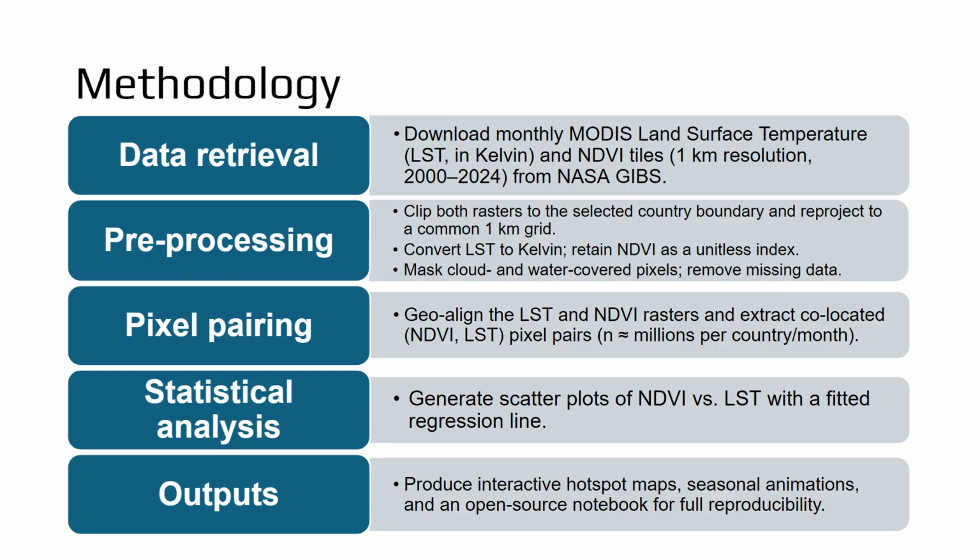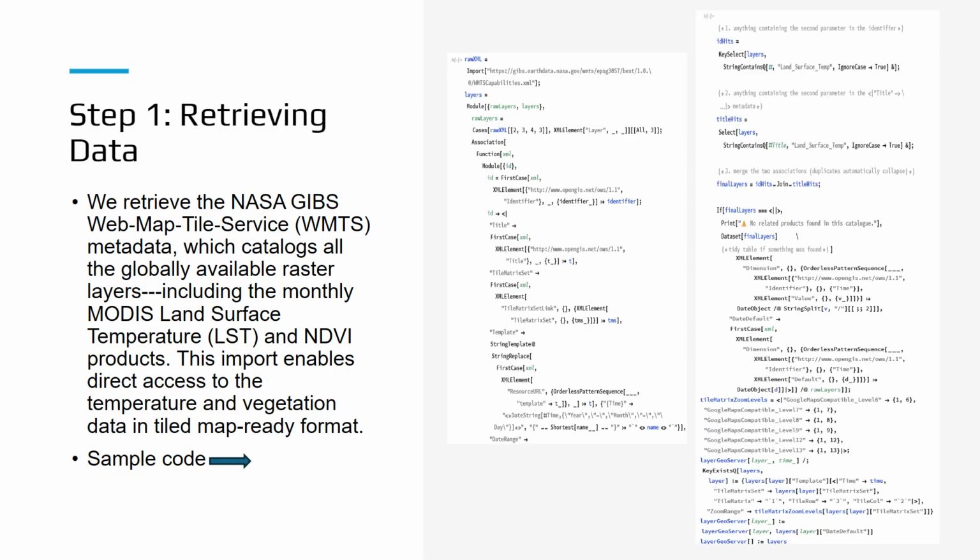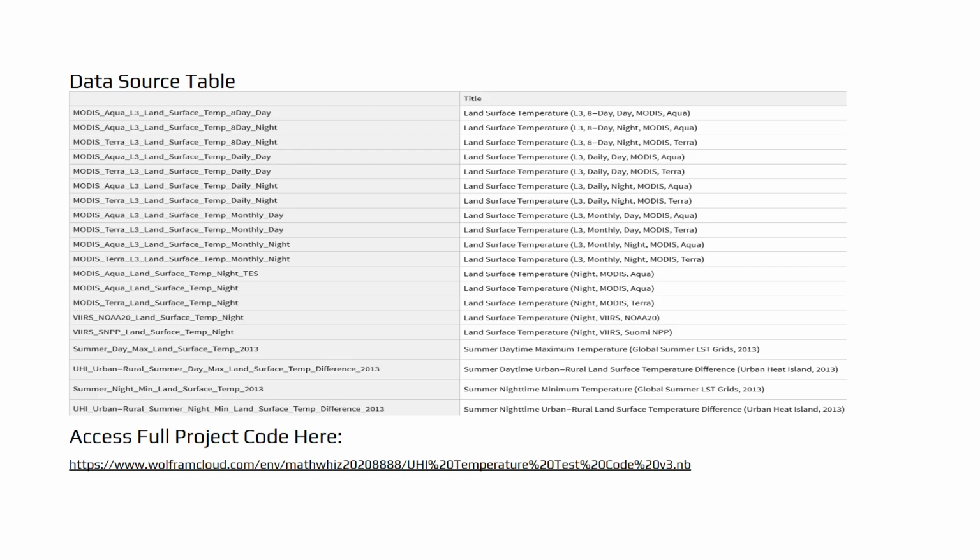Fourth, I ran regression analysis to examine their relationship. Finally, I generated interactive outputs, hotspot maps, seasonal animations, and a reproducible code notebook for others to use or build upon. The link to that code notebook is in here, as you can see.